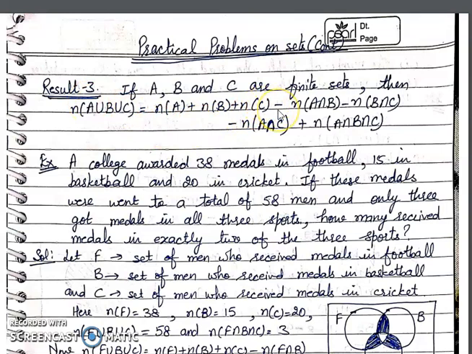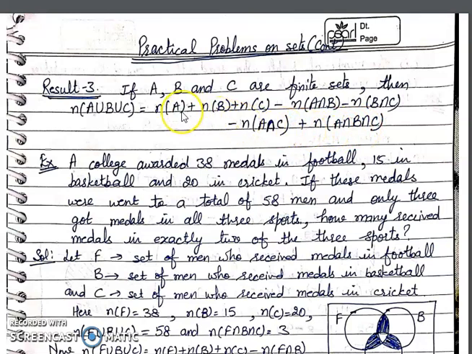As we did for two sets, there also we subtract the intersection, but here three sets are taken, so we subtract two taken at a time. Then we add the number of elements in A intersection B intersection C, means three taken at a time, their intersection is added.